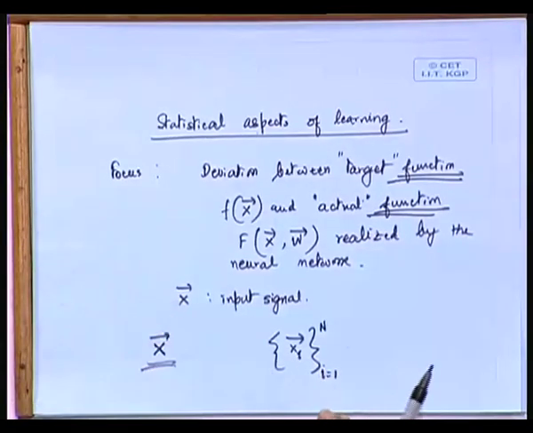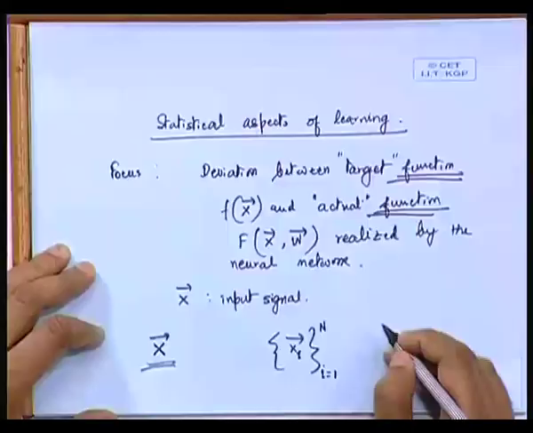So, the entire input is now being modeled as a random variable. In fact, if X vector is defined as a random variable, then what we are taking is just a subset of that random variable. So, we have only fed a limited number of instances, i equal to 1 to n.